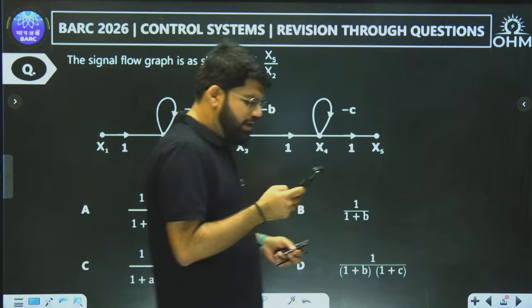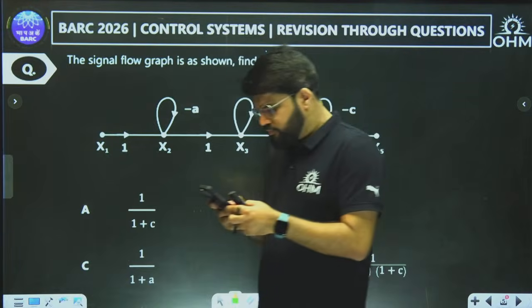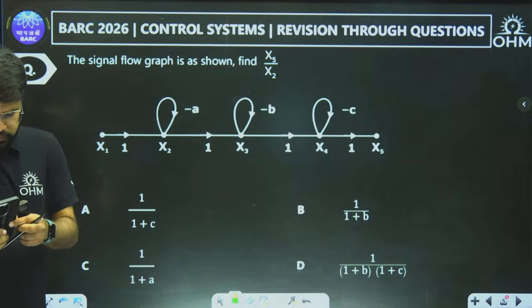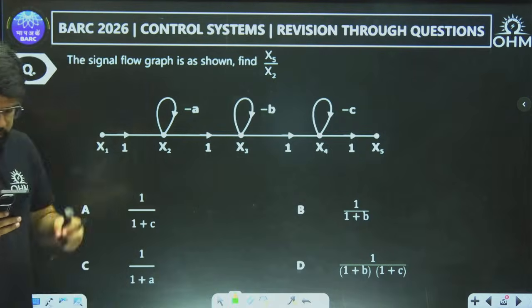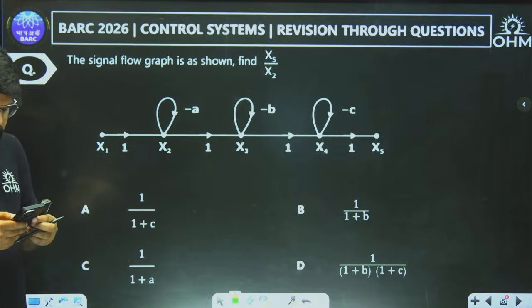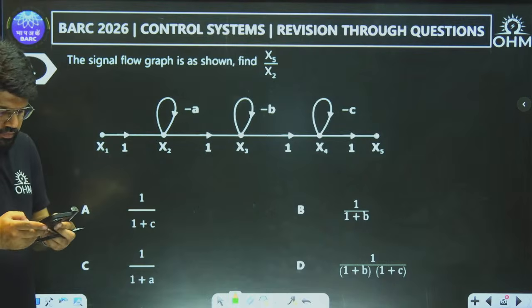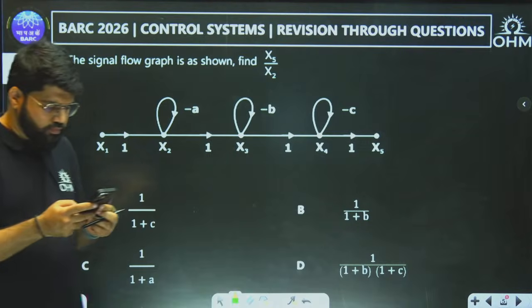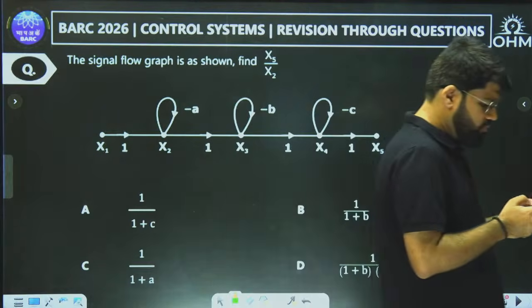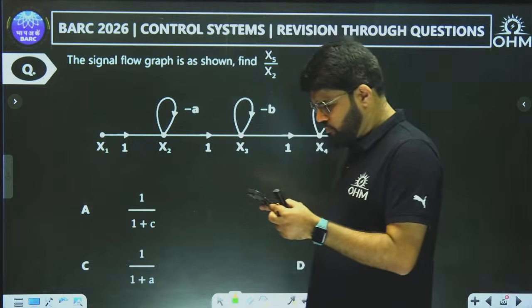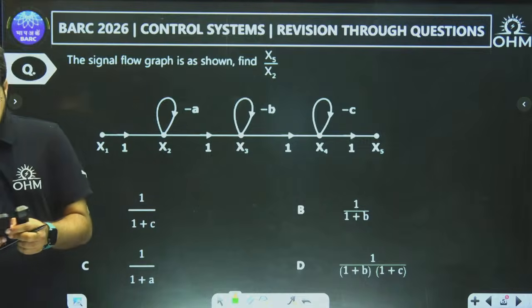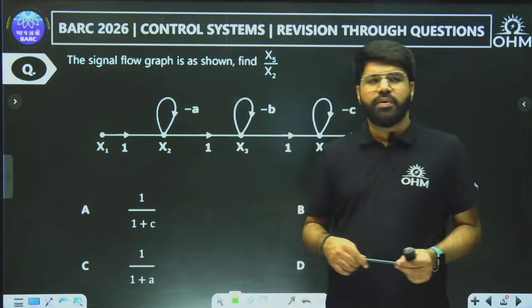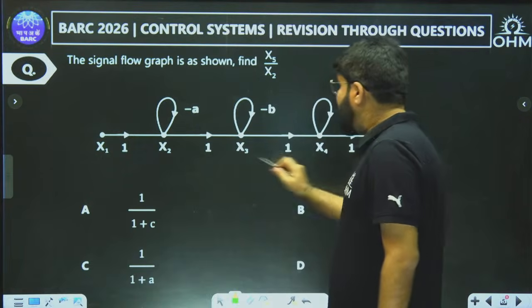Check the question clearly. You have to find x5 divided by x2.